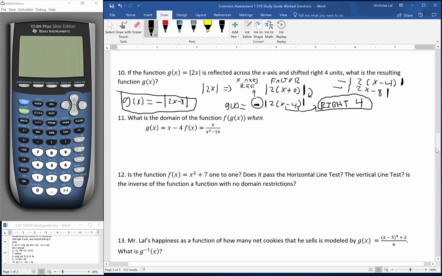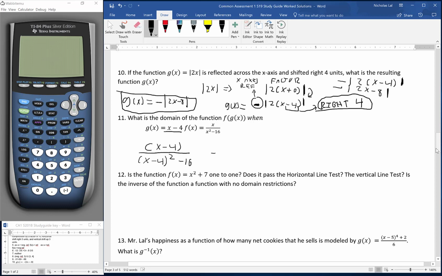What is the domain of the function f of g of x when g of x is equal to x minus 4 and f of x is equal to x over x squared minus 16? Well, to find f of g of x, we have to take g of x and plug it into f of x. So that's going to become x minus 4 over, plug in g of x every time there's an x, x minus 4 squared minus 16.